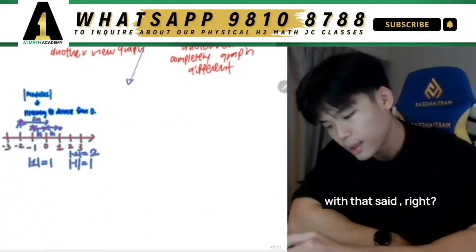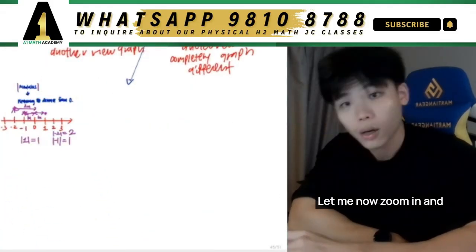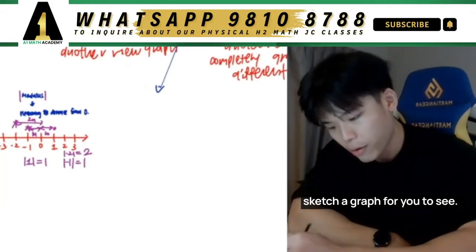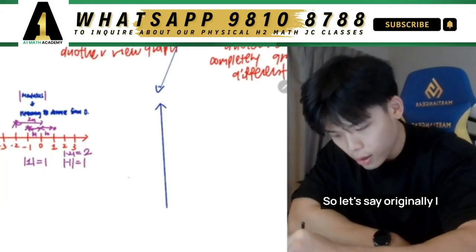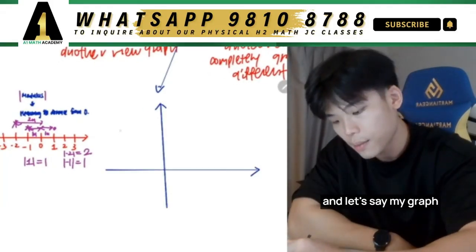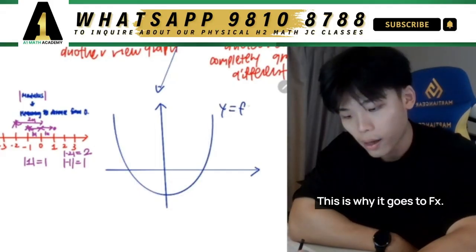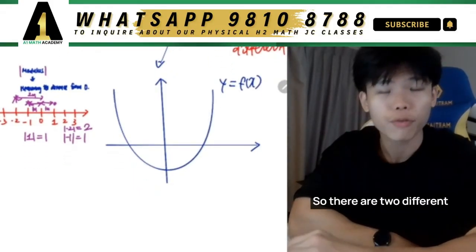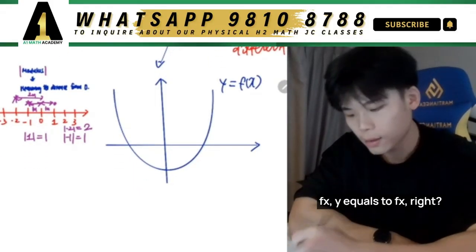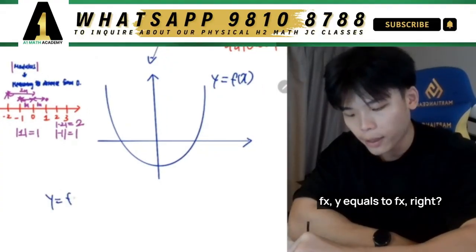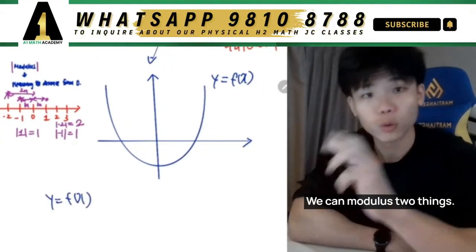With that said, let me now zoom in and sketch a graph for you to see. So let's say originally I have a graph over here, and let's say my graph is originally like that. This is y equals f(x). There are 2 different variations of y equals f(x). We can modulus 2 things.